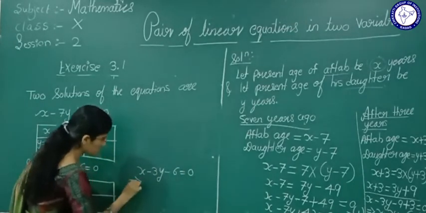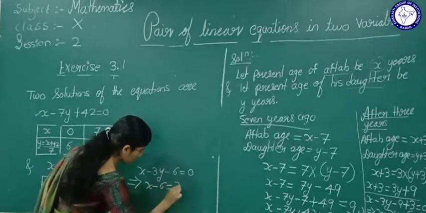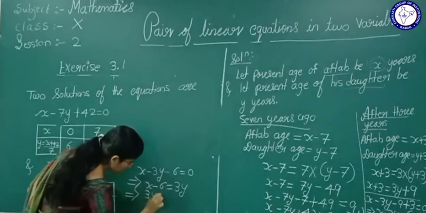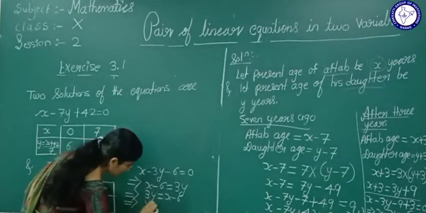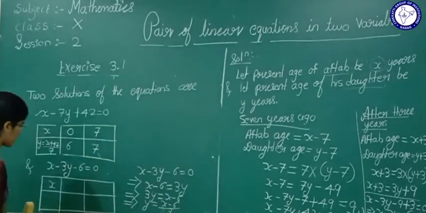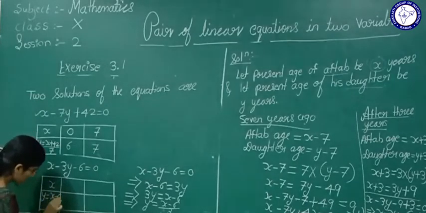This implies x minus 6 is equal to 3y, so y is equal to x minus 6 divided by 3.